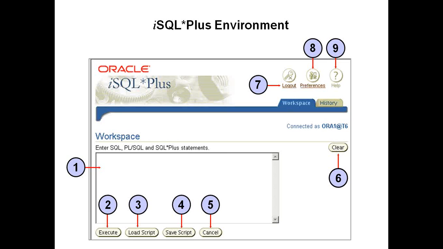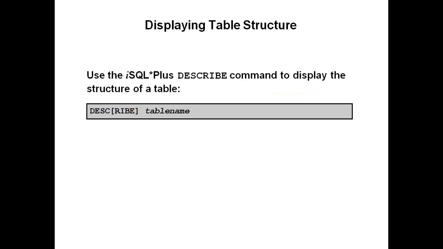For that we have the save script option, and then the cancel option. If you don't want to perform something, you can go for cancel. And of course we have a clear button on the right hand side, with which you can clear whatever you have written in the workspace. And on the top you have options to log out or to change some preferences and all.